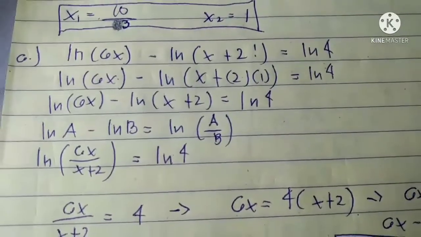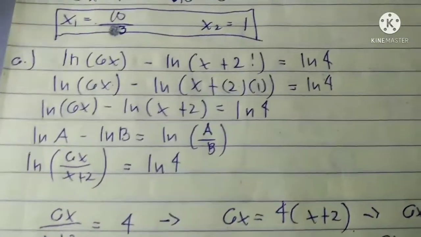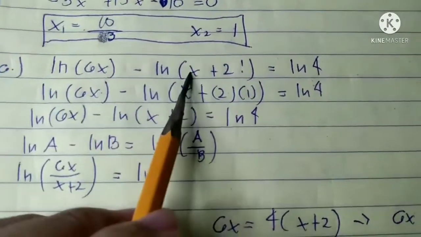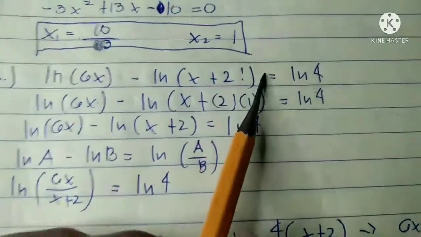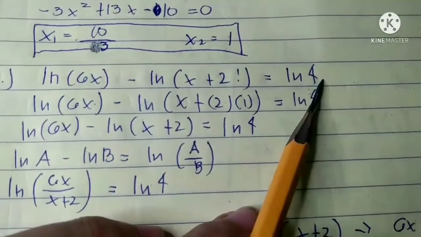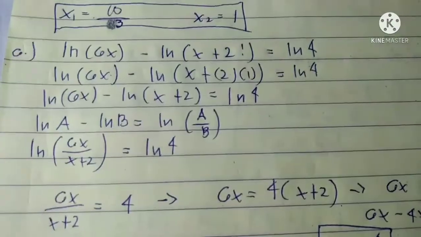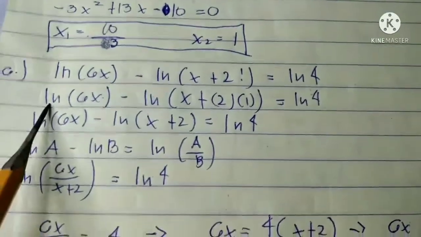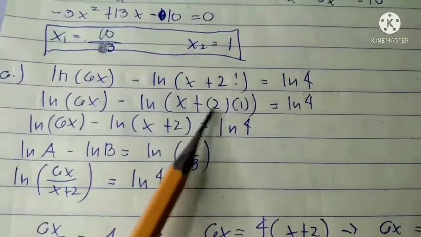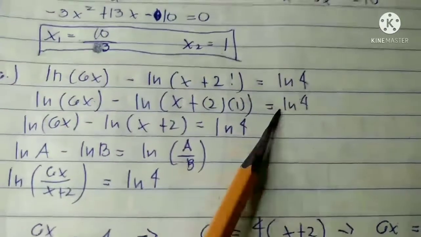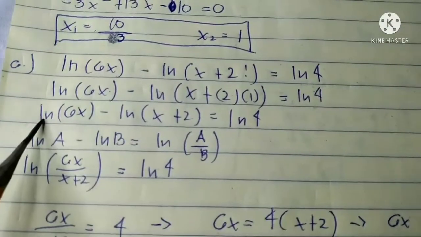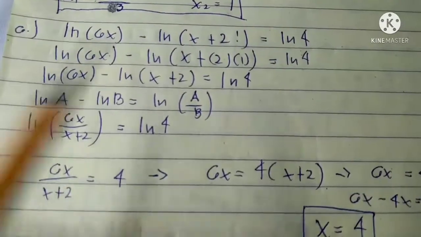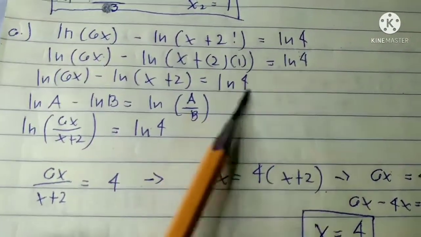So for number 6, we have here ln 6x minus ln of x plus 2 factors equals ln 4. So what we're gonna do here is to first simplify this factor. So we will get ln 6x minus ln x plus 2 times 1 is equal to ln 4. Then we will get ln 6x minus ln x plus 2 is equal to ln 4.